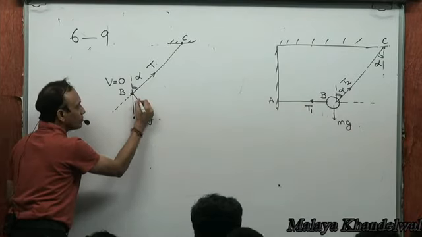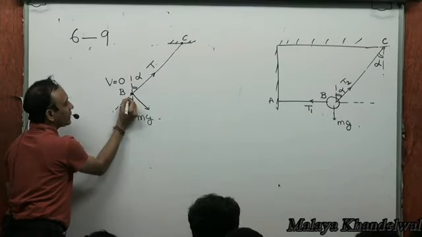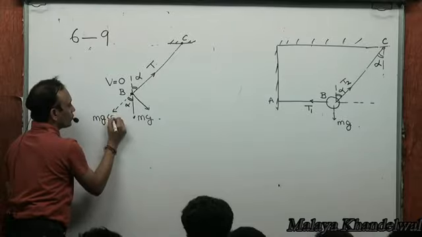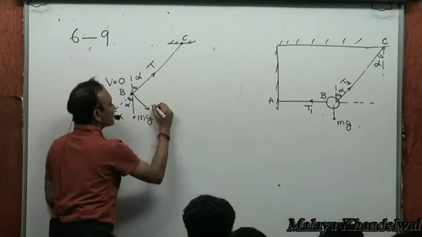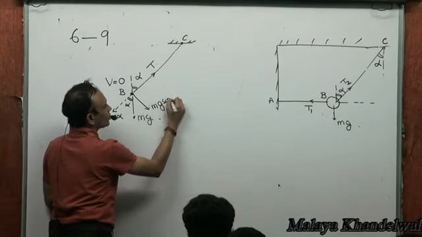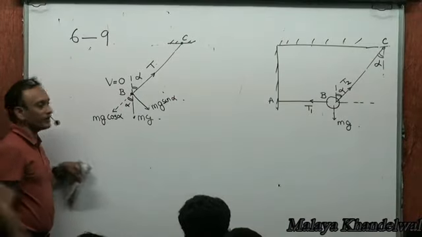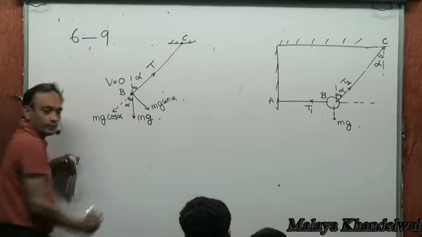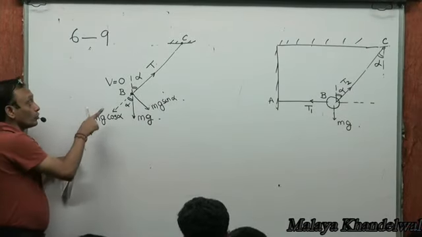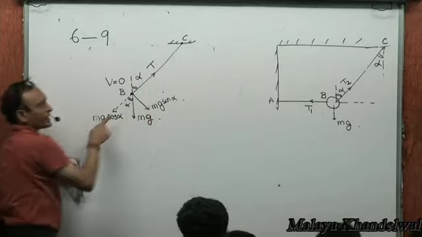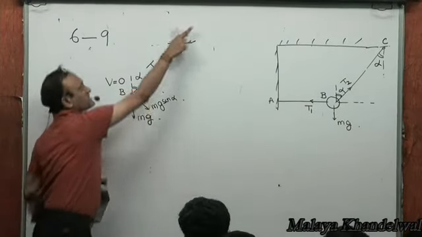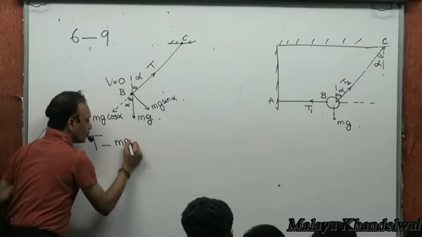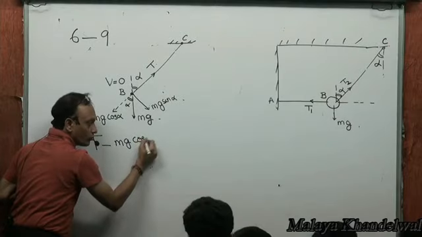Now, think of it. mg could be resolved. This is alpha: mg cos alpha and mg sin alpha. That's how you could resolve mg. What's the net force along the radial direction, directed towards the center? T minus mg cos alpha, yes or no?